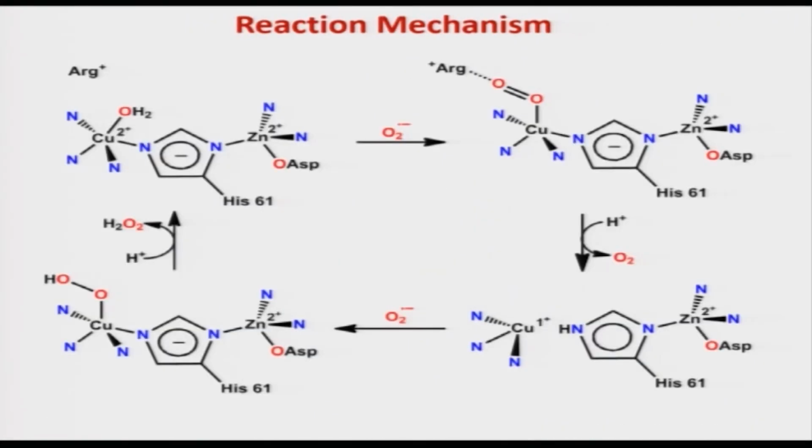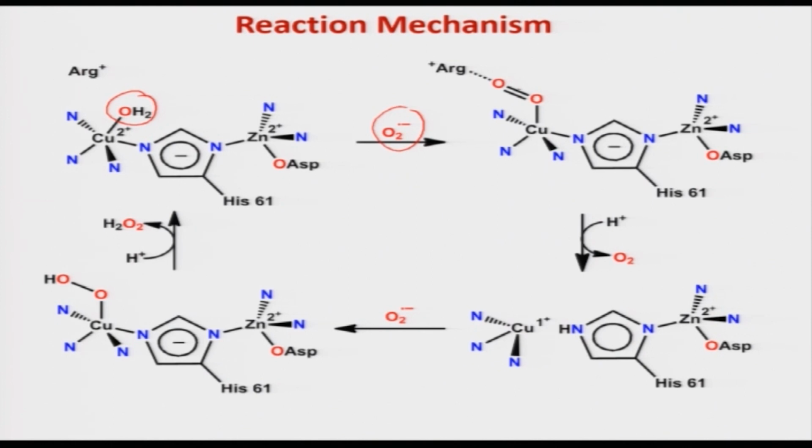And in order to see what kind of mechanism is happening in the copper zinc SOD case, you can see that the copper ion, which is ligated to a weak axial ligand like a water molecule, is replaced in the first step by a superoxide, O2 minus.